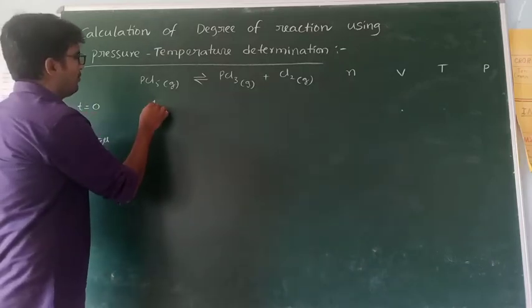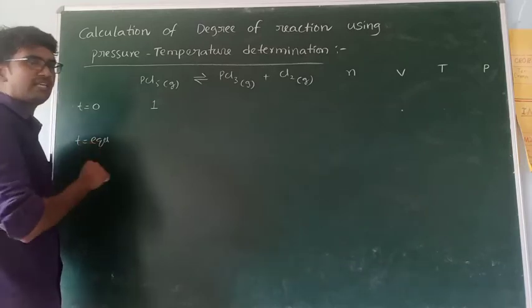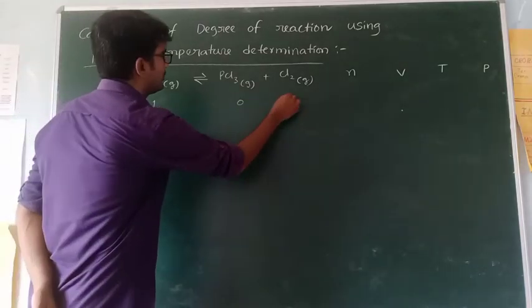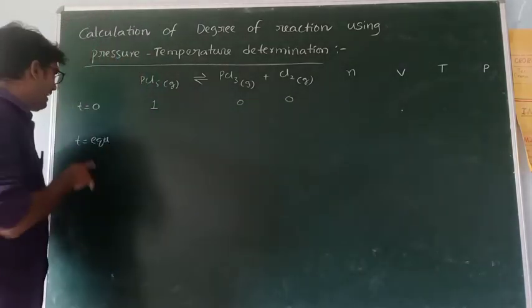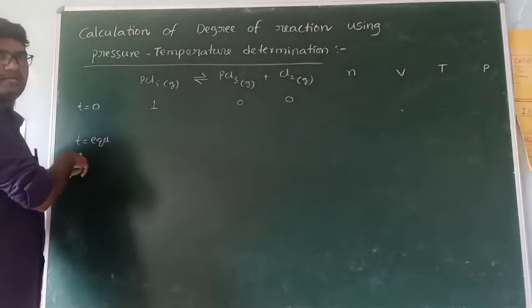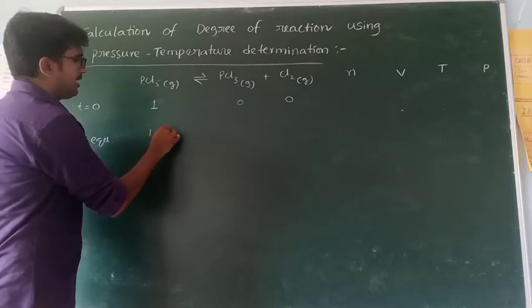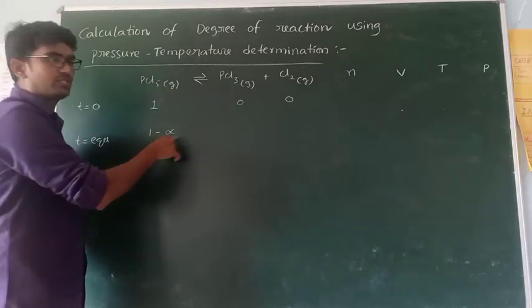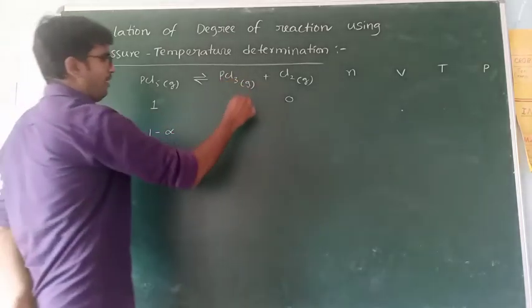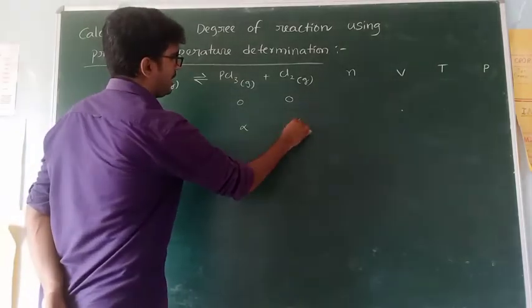PCl5 taken is 1 mole, so at t is equal to 0 there is no production, 0, 0. At equilibrium time, 1 minus alpha means alpha parts are dissociated into products. Then this forms alpha, this forms alpha.